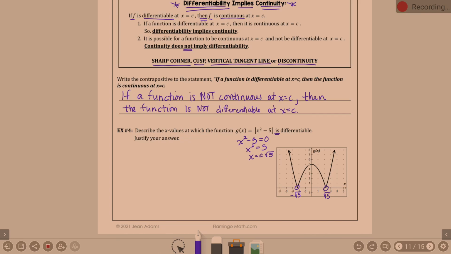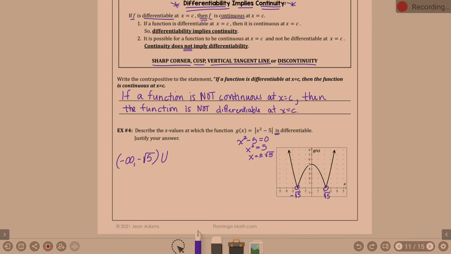So from negative infinity to negative square root of 5. My graph is differentiable, yes? Because that's this piece, the left piece of the W, if you will. What do I use on negative square root of 5? Parentheses, because it's not differentiable there, right? Now I'm going to use the U for union. What's the next interval where it's differentiable?